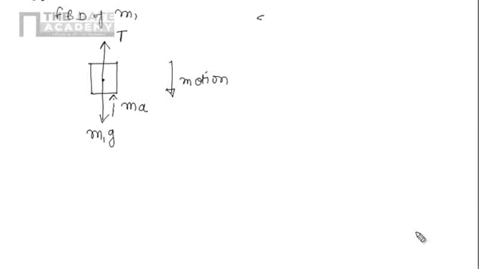So now we can apply the conditions of equilibrium, that is algebraic summation of all vertical forces should be zero. According to our sign convention, vertically up is positive, vertically down is negative. So T is acting in upward direction, so positive. M1A is acting in upward direction, so positive. M1G is acting in downward direction, so negative.